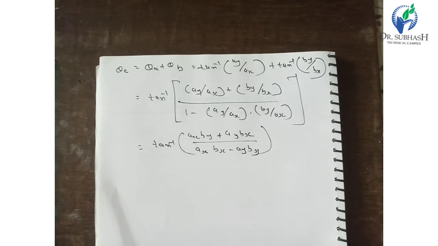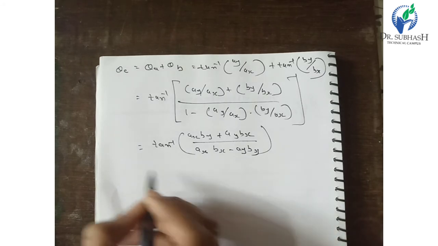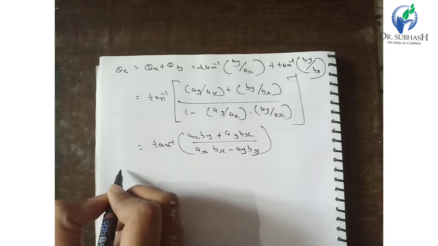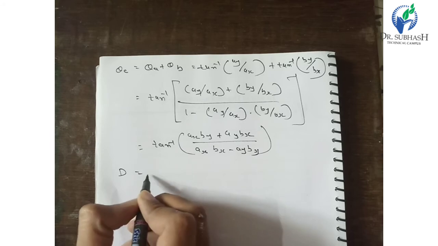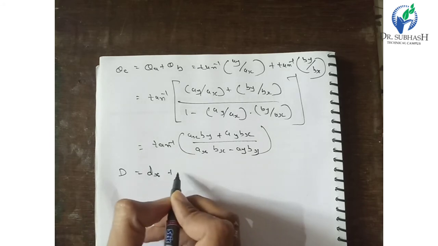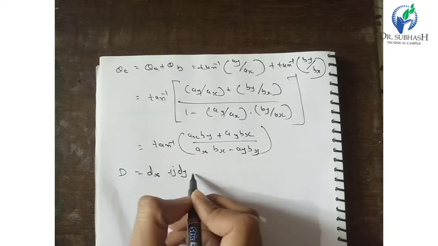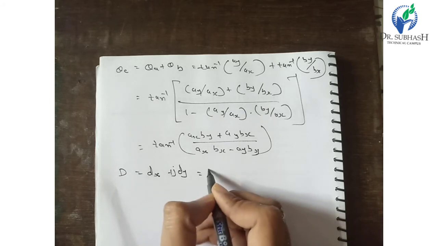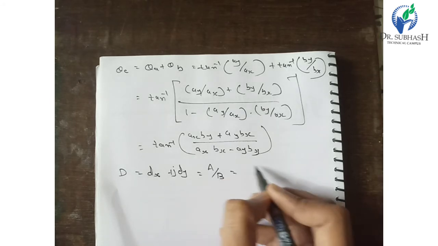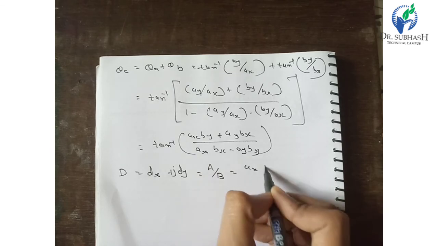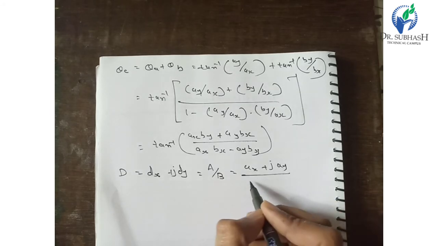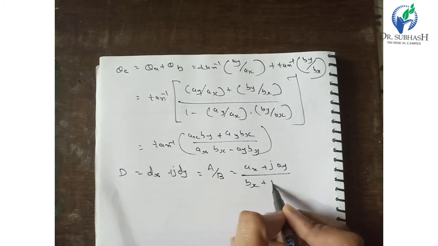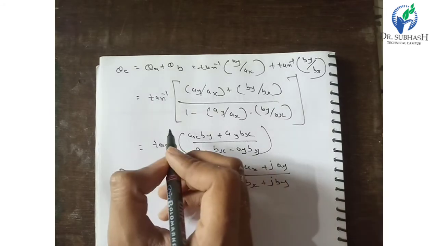Now we divide A by B to obtain the output in D form. For the division purpose, D is equal to DX plus j into DY. So the value of it is A upon B, and A upon B is equal to AX plus j into AY upon BX plus j into BY.